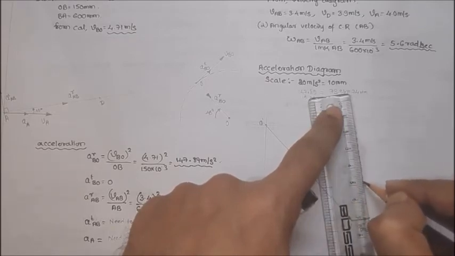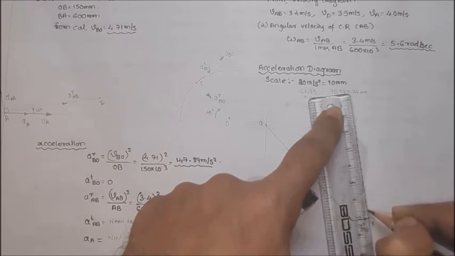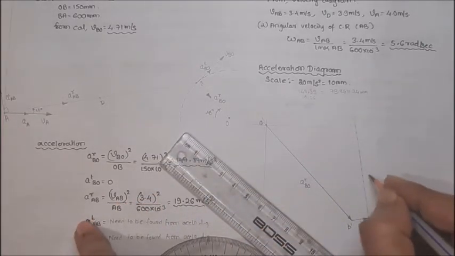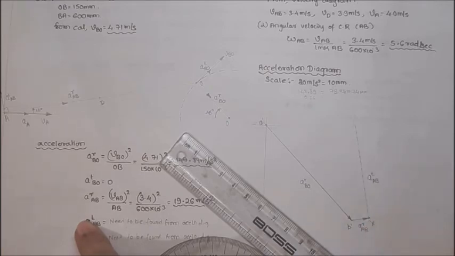This is a dotted line. Extend. So this is the tangential acceleration for the link AB.